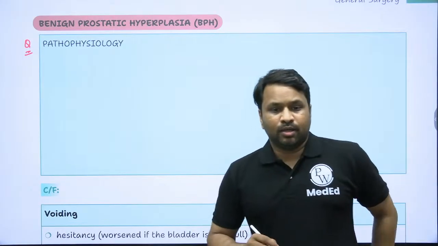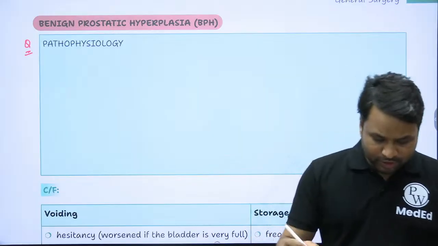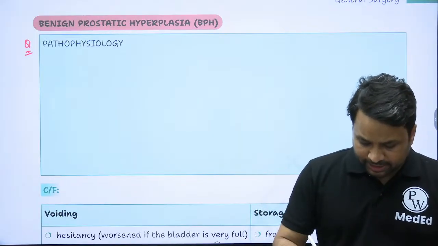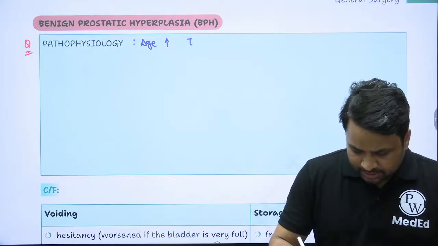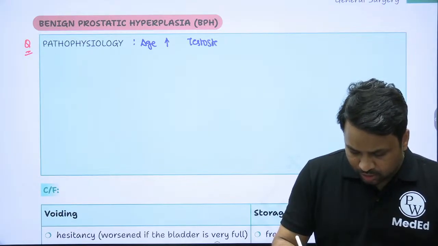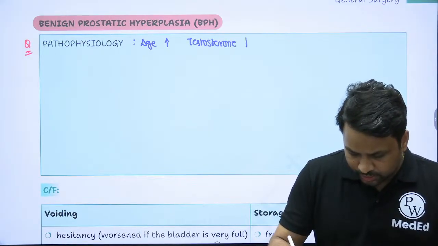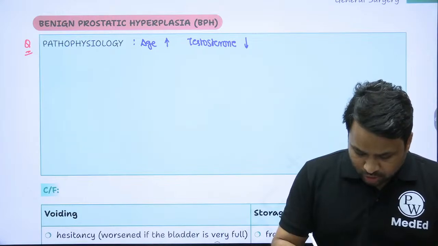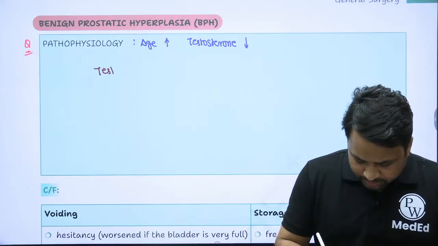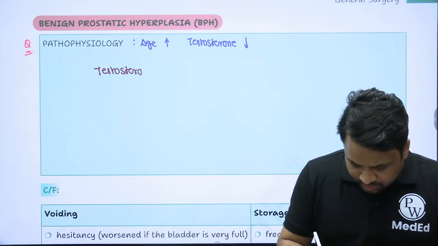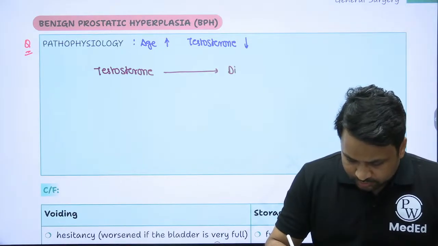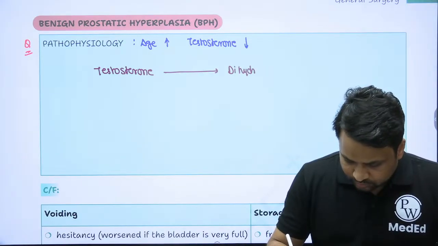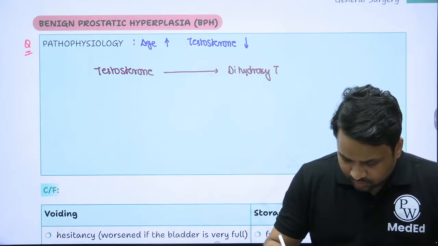So when you talk about the pathophysiology of BPH, it is an age-related phenomenon. This is what you need to know. As age increases, the testosterone in the body is going to reduce. Now, how does it reduce? Normally the testosterone that is present is going to get converted into dihydrotestosterone.